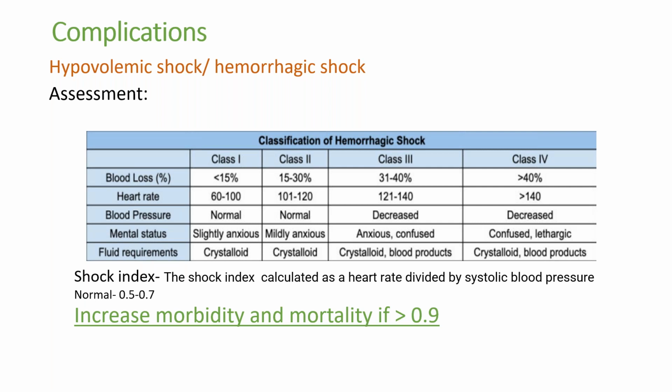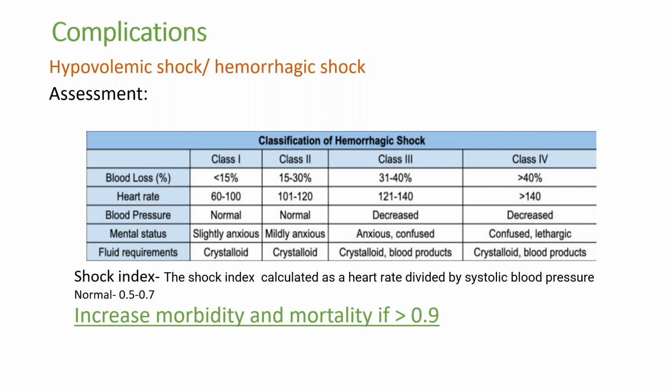Similarly, in class 3 the blood pressure starts decreasing, and the patient becomes anxious and confused. For fluid requirement, in class 1 and class 2, when there is no tachycardia or a pulse up to 120, you can give crystalloid, but after that, with a pulse above 120 or decreased BP, you have to start blood products or colloids.